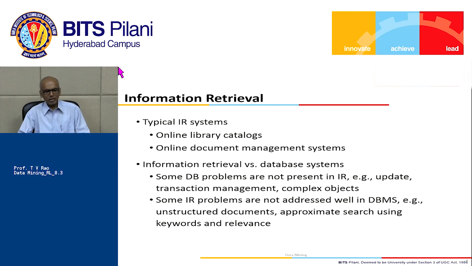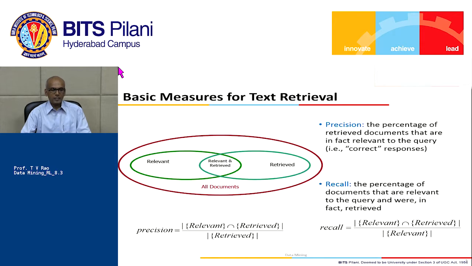Though we may claim that a document does have some structure, it is not as standardized as a relational table structure. We need to work with approximate search, because we are working with natural language where words can sometimes mean different things based on the context. And we need to determine the relevance of the document for a given query or a given purpose.